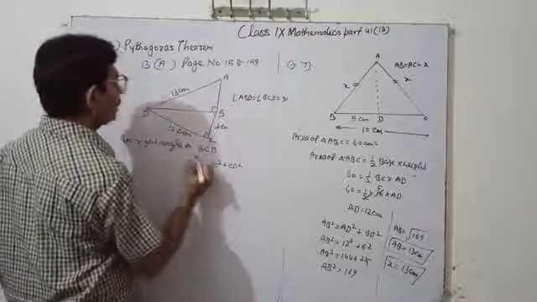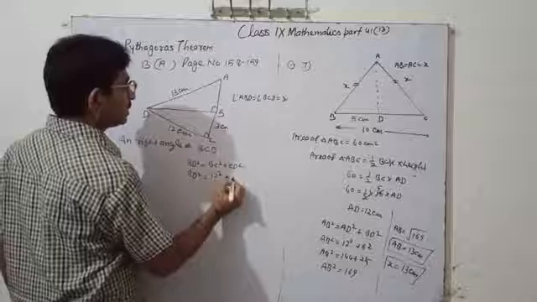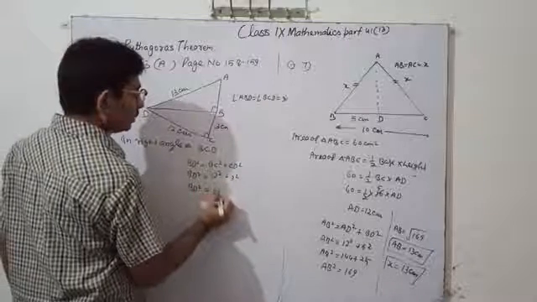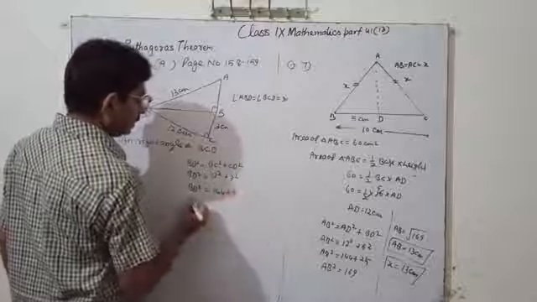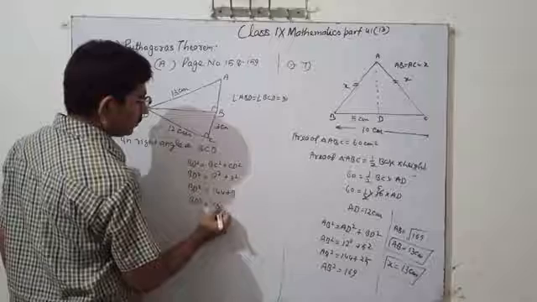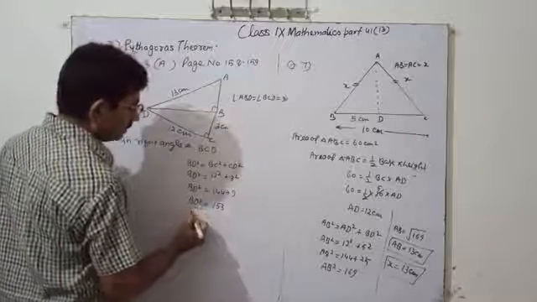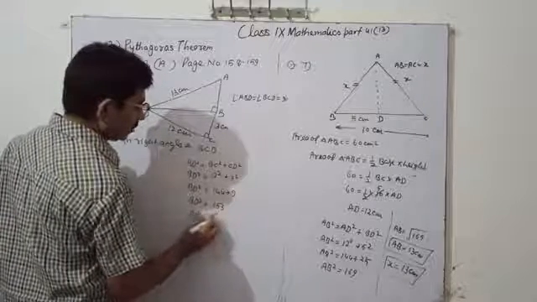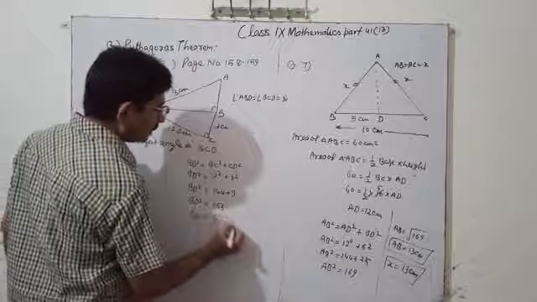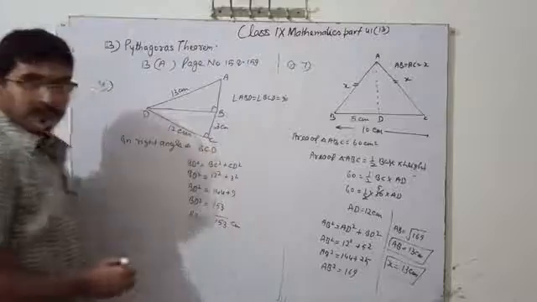BD square equal to 12 square plus 3 square. BD square equal to 144 plus 9. BD square equal to, that is 153. Or BD equal to, positive sign, square root 153 centimeter.